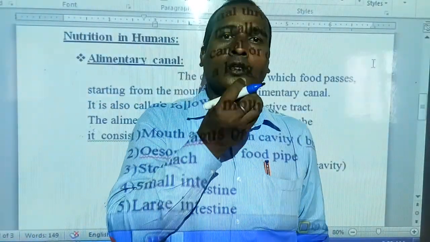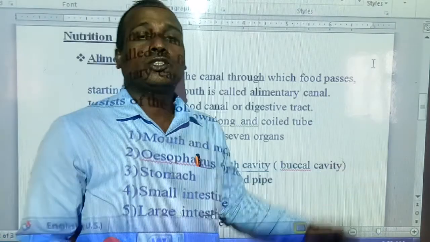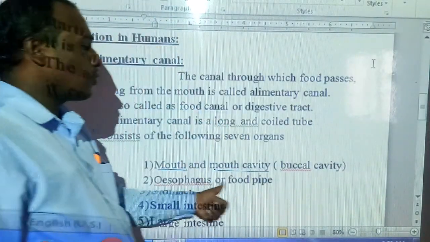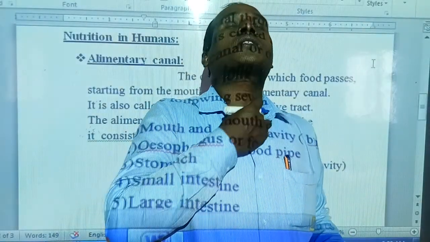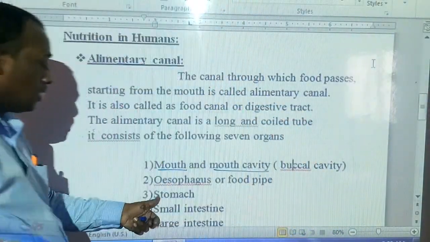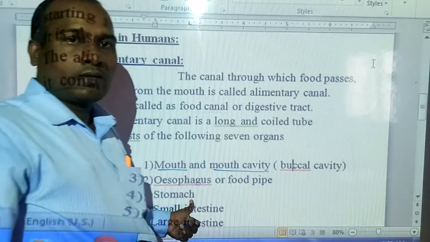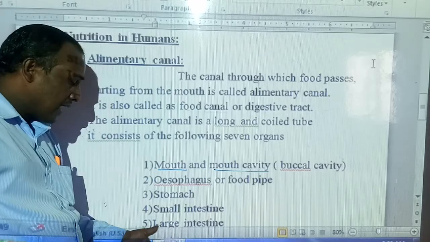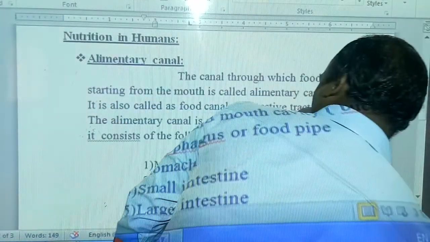First organ is the mouth or buccal cavity. It is also called the buccal cavity. Second one is the esophagus or food pipe. Third one is the stomach, fourth one is the small intestine, fifth one is the large intestine, sixth one is the rectum, and seventh one is the anus.